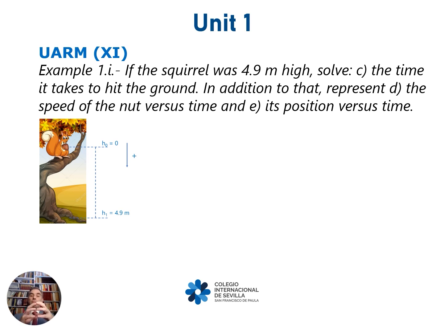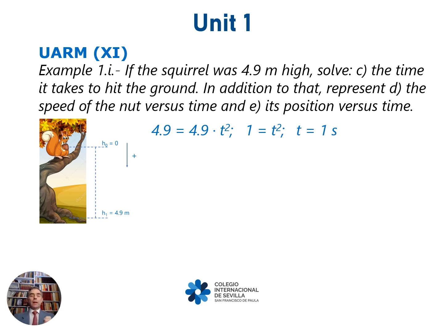So we replace the final position, which is 4.9, at its right place. Therefore, we obtain 4.9 equals 4.9 times t squared. We simplify 4.9, we obtain t squared equals 1. That means t equals 1 second.